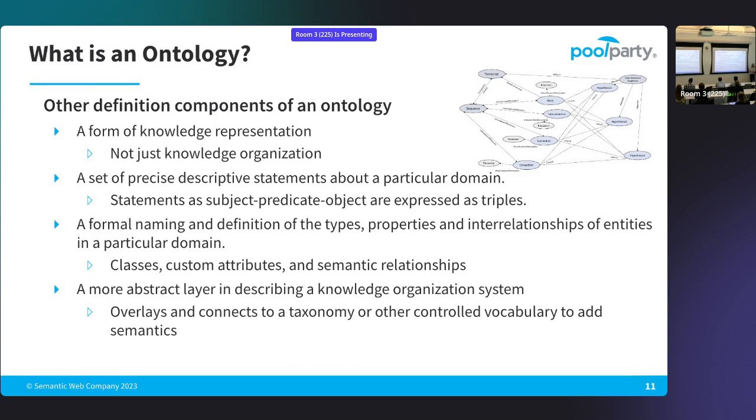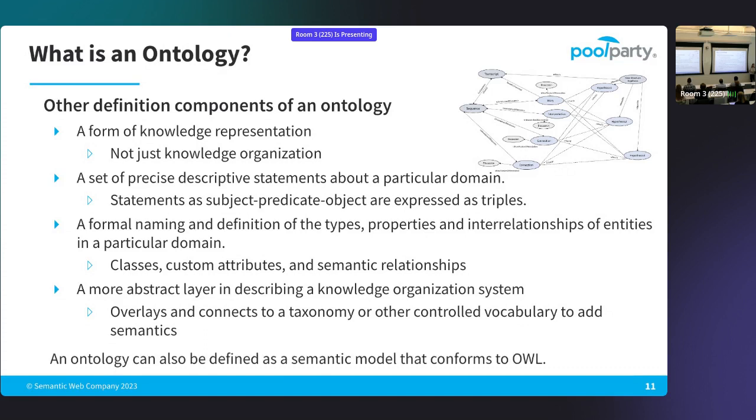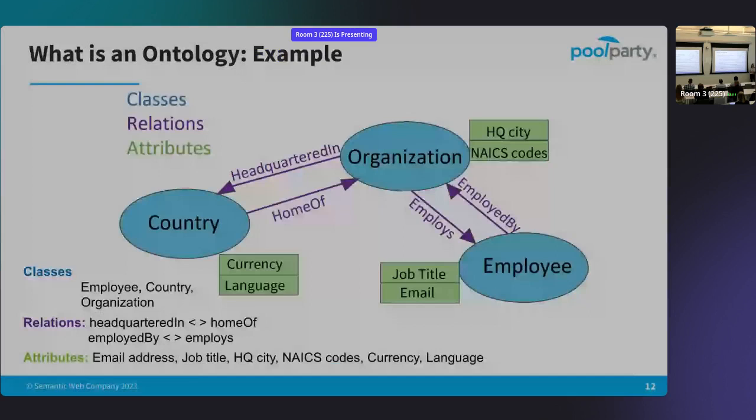It can also be considered more of an abstract layer over another knowledge organization system, so it can connect to taxonomies and other controlled vocabularies, providing more semantics. And that's where I'm going with the whole theme of taxonomy-driven ontology design. An ontology is often defined as a semantic model that conforms to the Web Ontology Language, because that is the de facto definition now of ontologies.